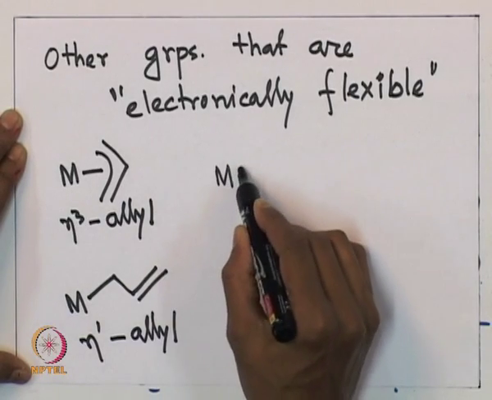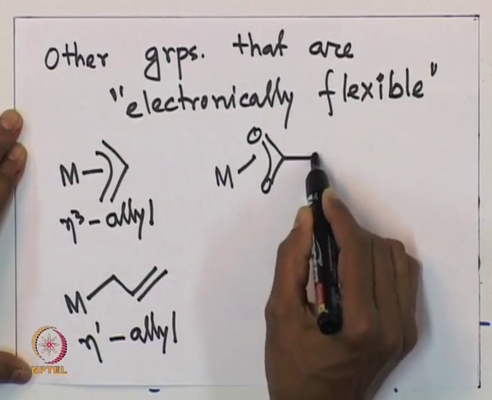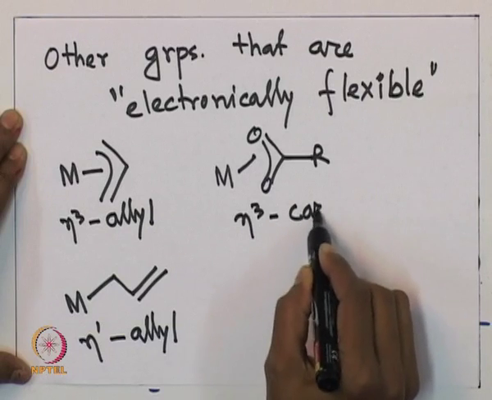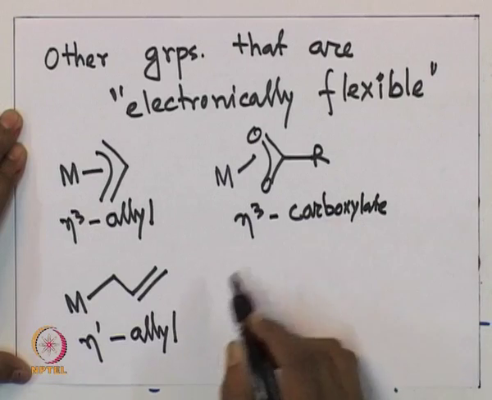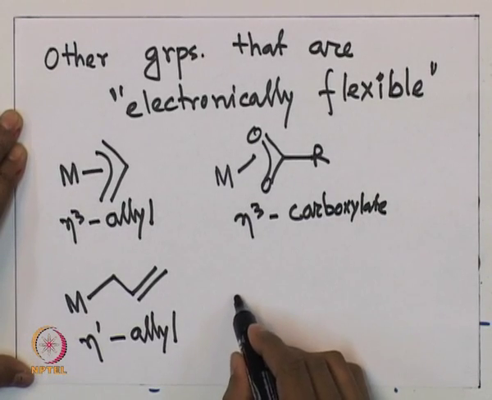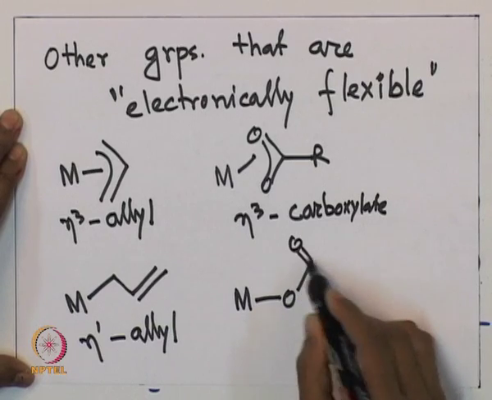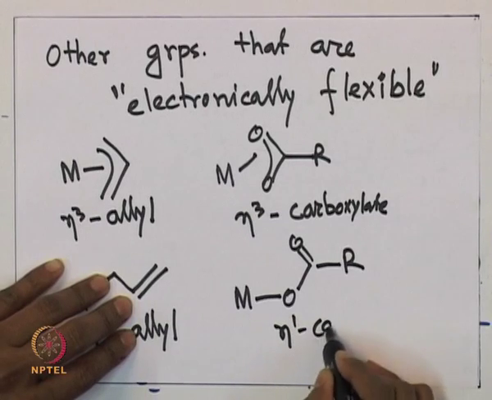You can have similarly a carboxylate linkage, where you can have eta 3 carboxylate undergoing similar slippage to give you eta 1. So, this will be an eta 1 carboxylate.